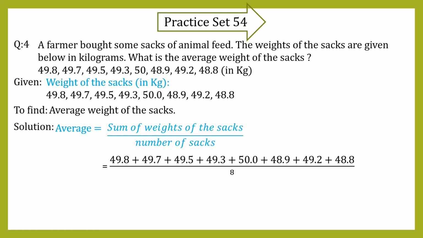Now the sum of all the numbers in the numerator is 395.2 upon, just check how many sacks are there. We have 8 sacks. So it will be 395.2 upon 8. Now let's divide 395.2 by 8 and let's see what answer we get.